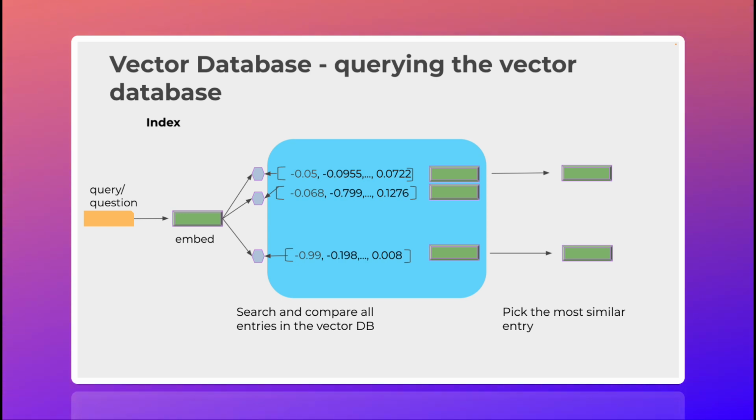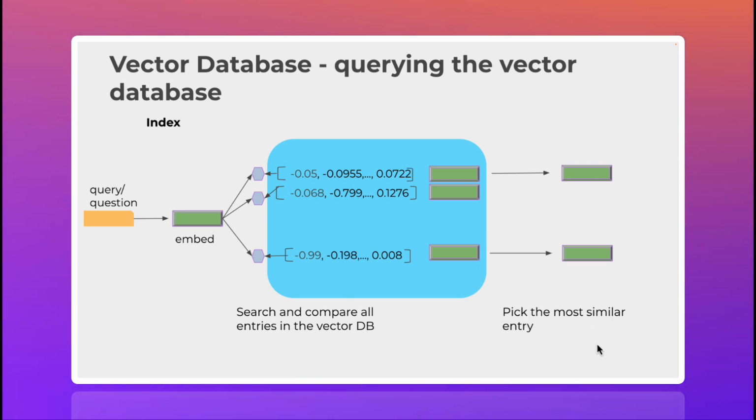But now we're going to take this to the next step, because we don't want just to see, for instance, if I ask, tell me about physics, just the chunks in the parts of the documents that are related to physics. That is fine, we got that, but we want to go even further. So when I say, tell me about physics, we're going to get this comparison that happens in the vector DB, and we're going to pick the most similar entry.